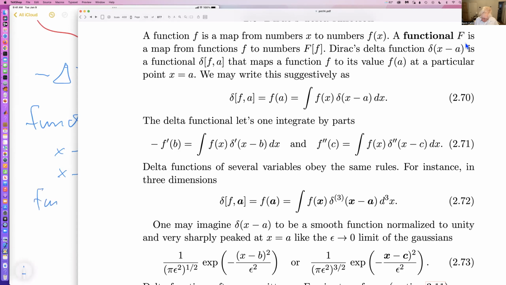A functional is a map from functions to some number, and if it's a delta function, then it's to a number f of x, and this is the case for a delta function.